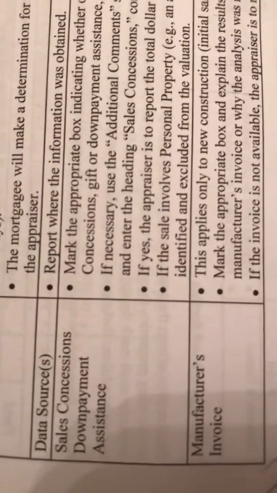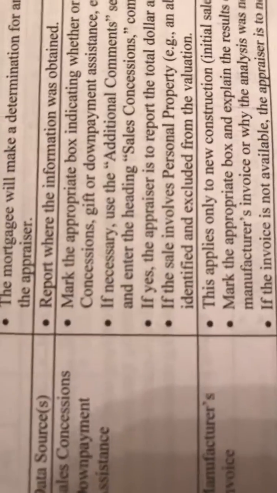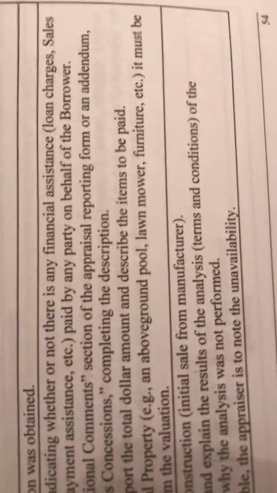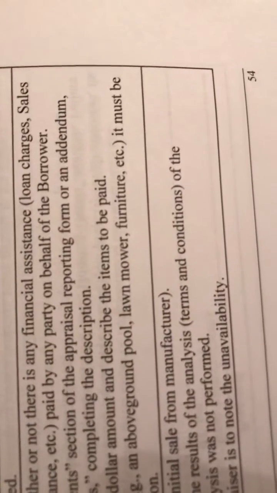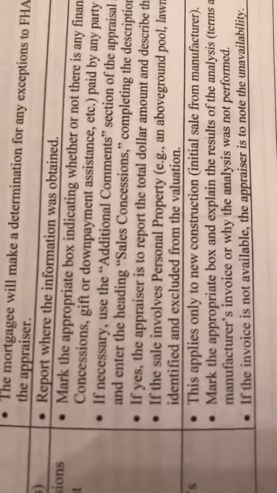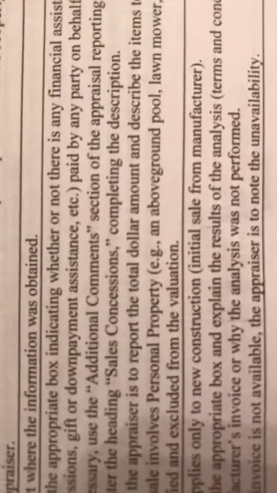Field: Data sources. Protocol: Report where the information was obtained. Field: Sales concessions, down payment assistance. Protocol: Mark the appropriate box indicating whether or not there is any financial assistance, loan charges, sales concessions, gift or down payment assistance, etc., paid by any party on behalf of the borrower.